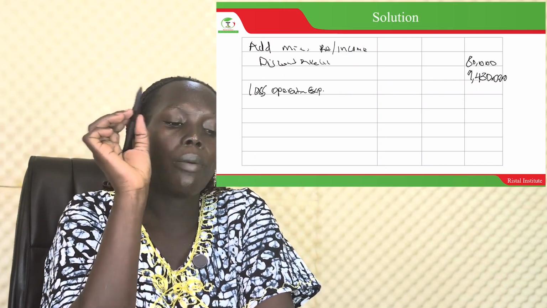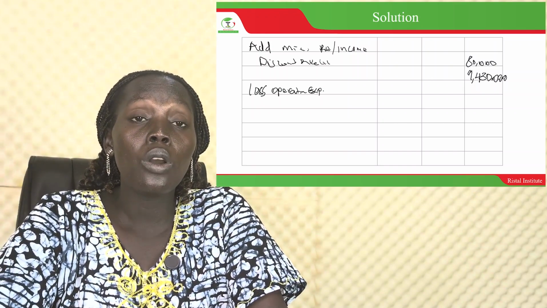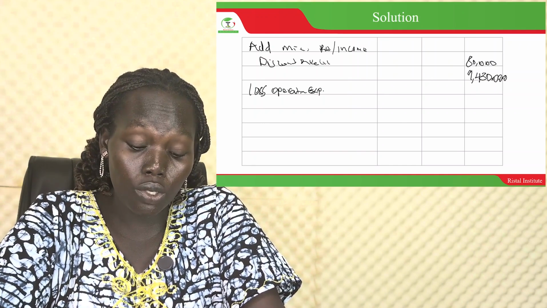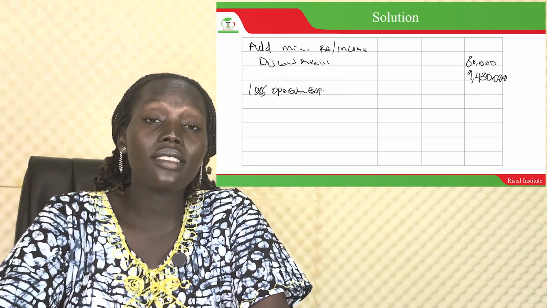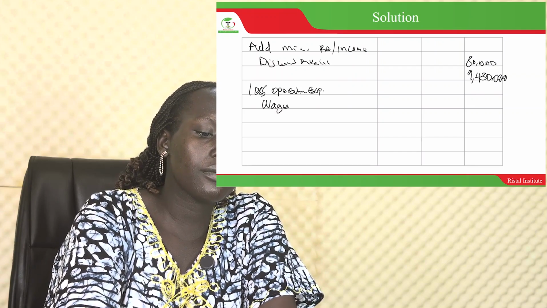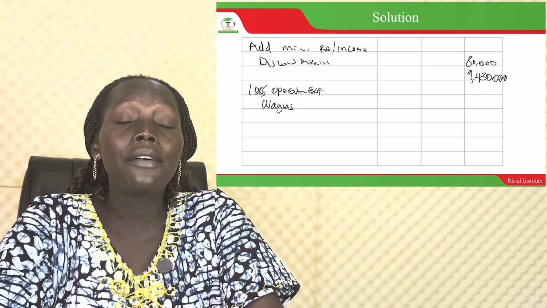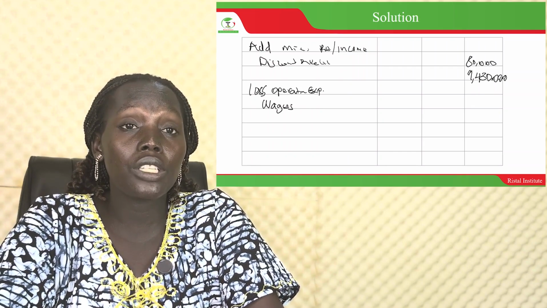Operating expenses. So we have several operating expenses that we need to identify in our illustration. They have given us wages. Remember, in our wages we have additional information, isn't it?